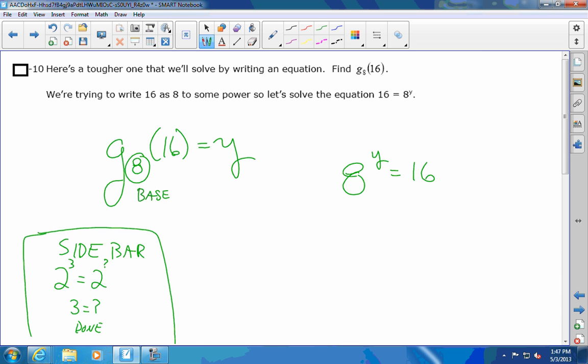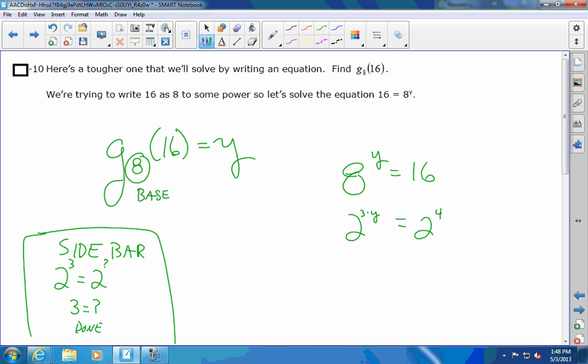Can you rewrite 8 as some number to a power, and 16 as that same exact number to a different power? 2 to the 4th is 16. And then what about 8? 2 times 2 times 2, 2 to the 3rd.